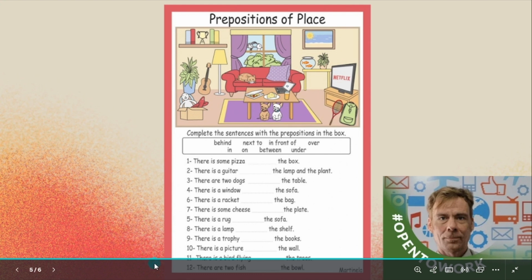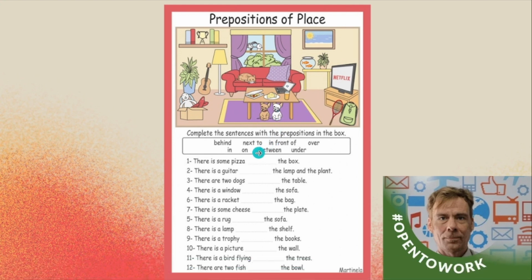All right, let's take a look at one more exercise here. Let's try and complete this description of a living room with the following prepositions: behind, next to, in front of, over, in, on, between, and under. There is some pizza, the box.